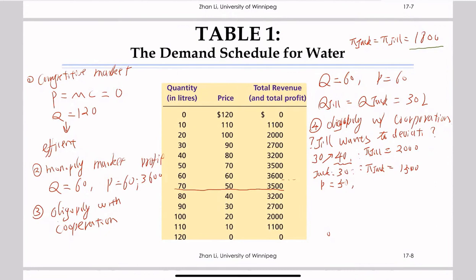But if Jill decides to break up the contract and deviate to produce 40, then her profit would be 2,000. It is larger, right? So this implies that Jill will want to break up this cooperation and produce 40 liters, right?